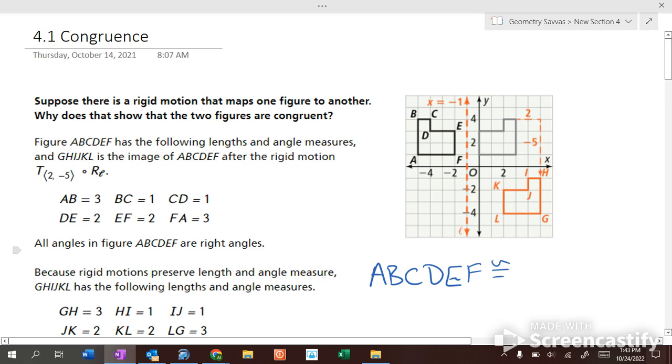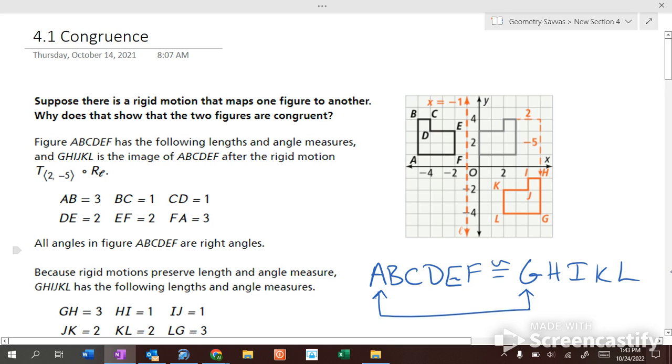Southwest corner of Utah, right there. If you flip it over, A matches to that one, which matches to this one. So you start with G, and then you go H, I, K, L. And yes, they were in alphabetical order, both of them, but it doesn't always have to be that way. You got to match corresponding part to corresponding part, and that's what a lot of this chapter is about.